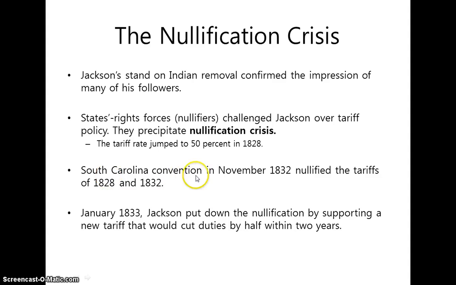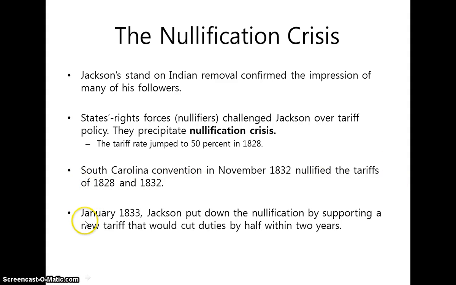So the South Carolina Convention in November 1832 nullified the tariffs of 1828 and 1832. So this was a big deal because it finally nullified the high percentage of tariffs, and it began to cause some influence over Jackson's presidency era.